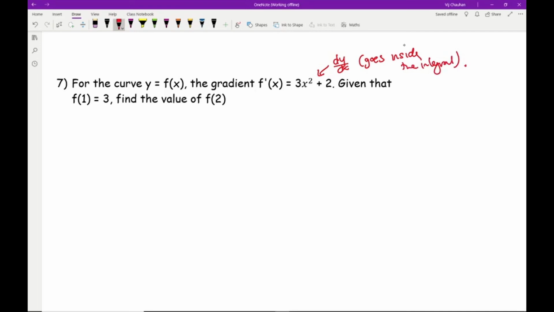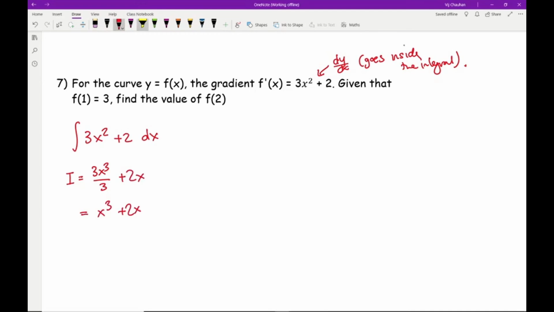So let's have a look. What I've got inside the integral is 3x squared plus 2, dx. Now if I integrate this, I equals 3x cubed over 3 plus 2x, and if I simplify that, I'm going to get x cubed plus 2x.